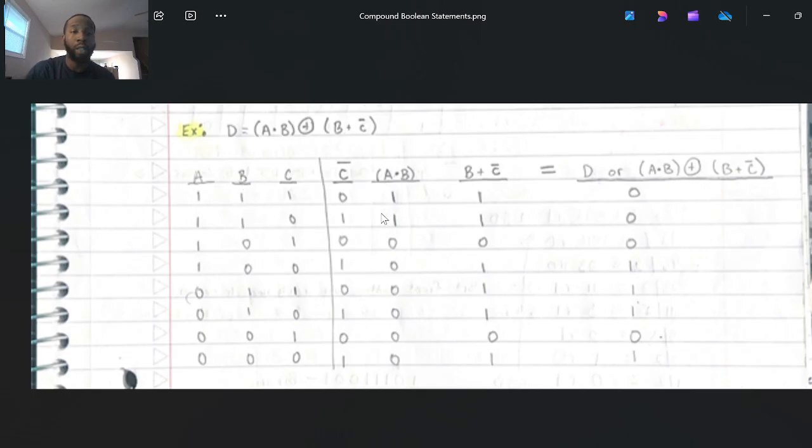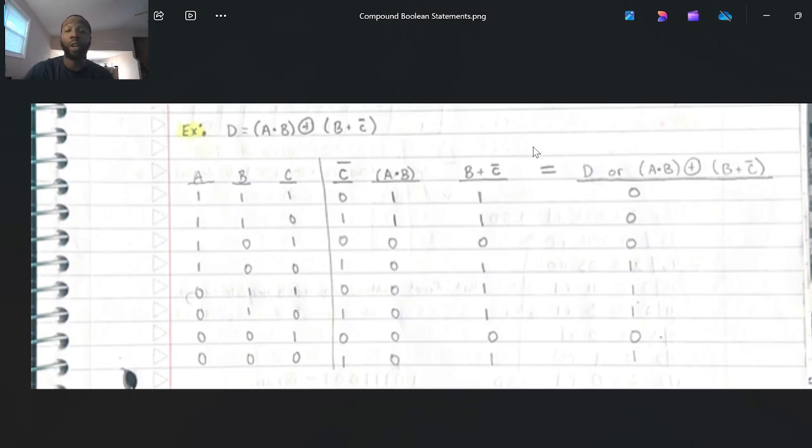We have 1, 1, we put a 1 since that's not an exclusive OR. 0, 0, we put a 0. 0, 1, we put a 1. 1, 0, we put a 1. 1, 1, we put a 1. 0, 0, we put a 0. And then 0, 1, we put a 1. So basically, we've got all the pieces for our equation, and now we can finally solve the whole equation.